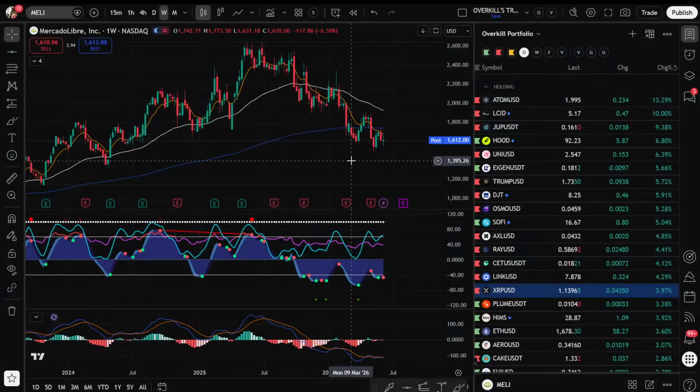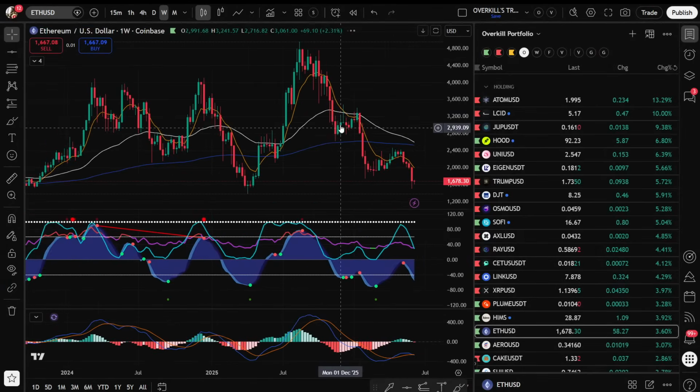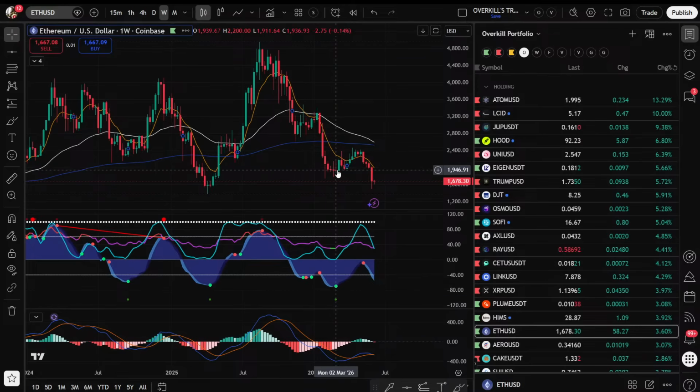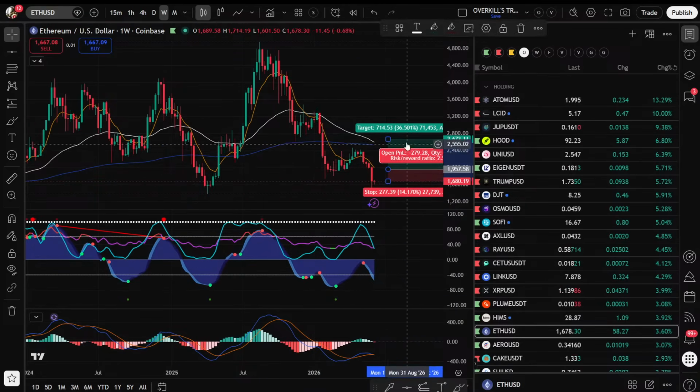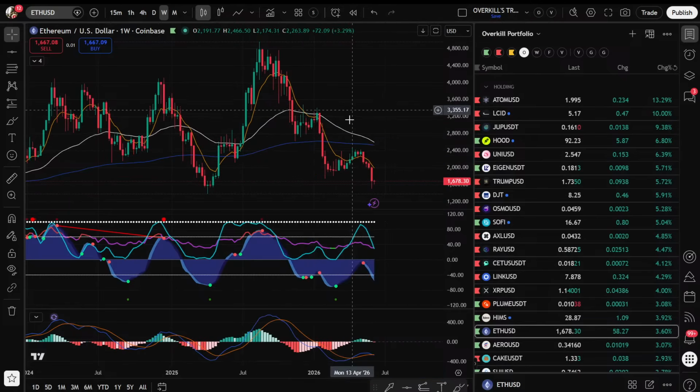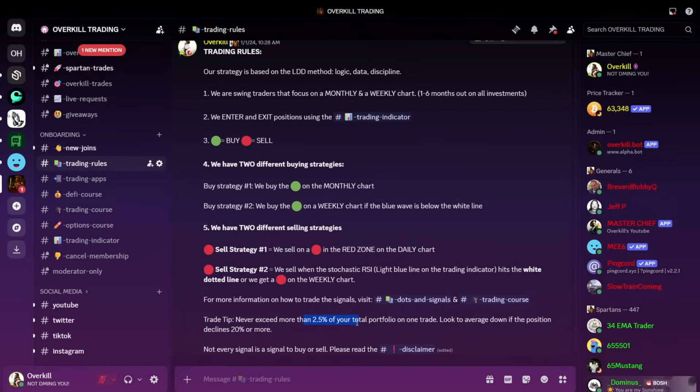So, again, if you buy Ethereum right here, off this green dot at 2.5% at 1,900, and it goes down 14%, you're not even down 1% on your portfolio. You're not even losing 1%. I mean, you would have to be down 50% if you guys are following that rule.